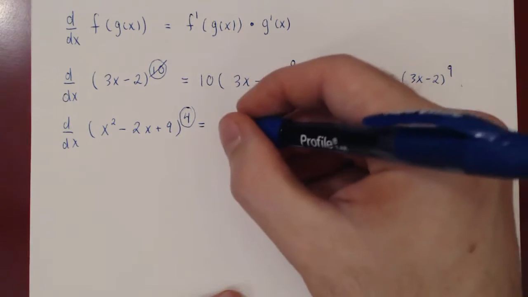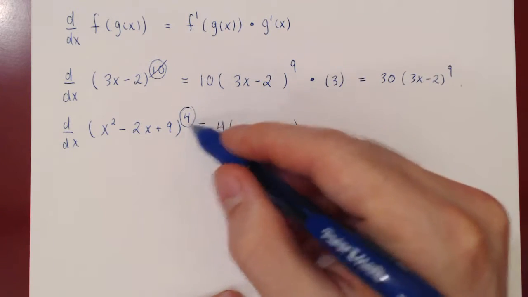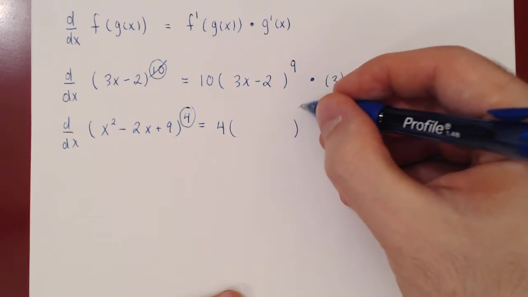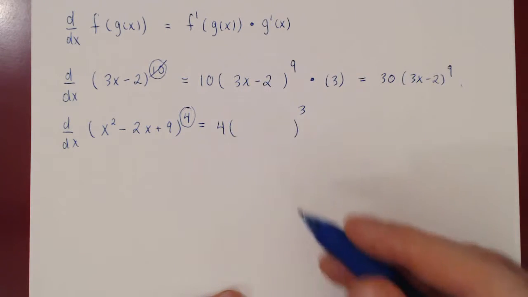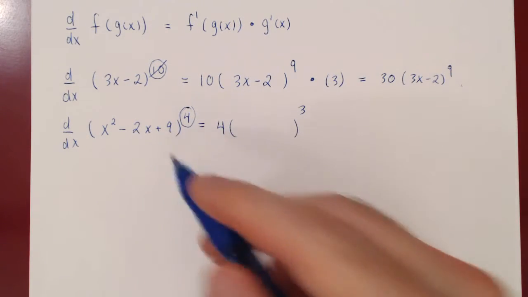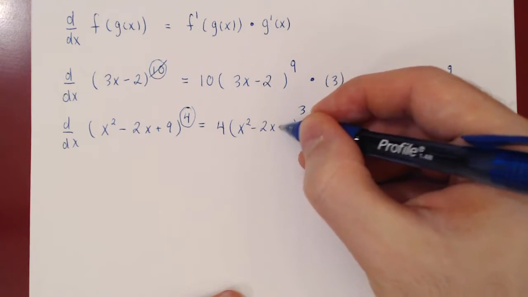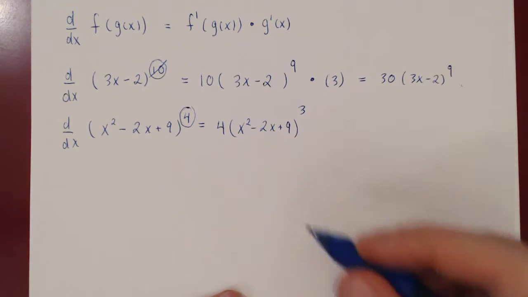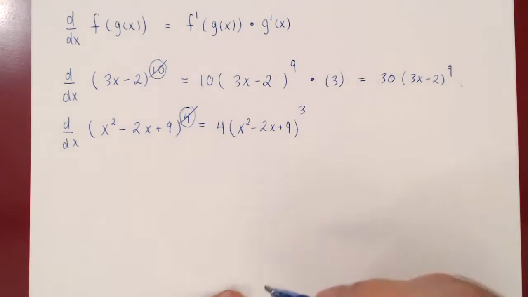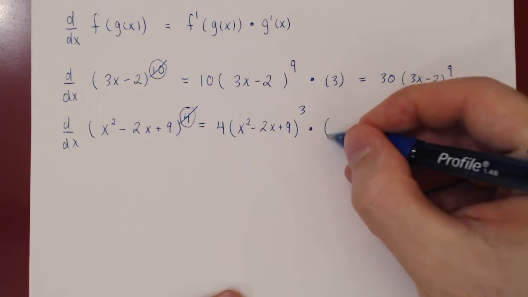Once again, we use the power rule, bring the power down, subtract 1 from the exponent, you get 4 minus 1 is 3, and it is the derivative of the outside function at the inside function, which is x squared minus 2x plus 9. That takes care of the outside function, times the derivative of the inside function.